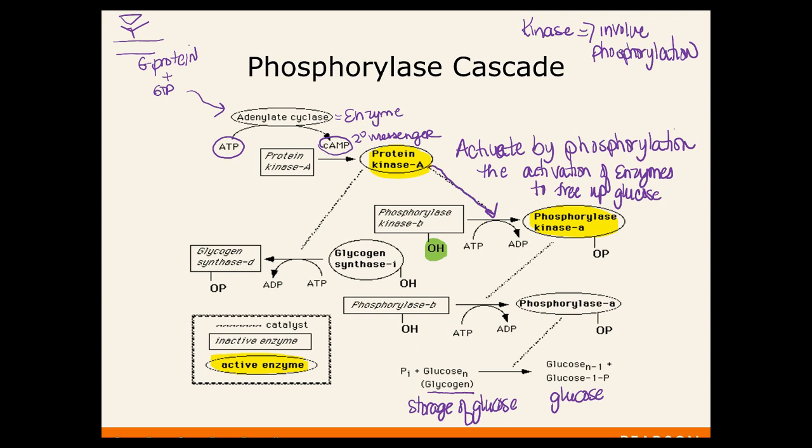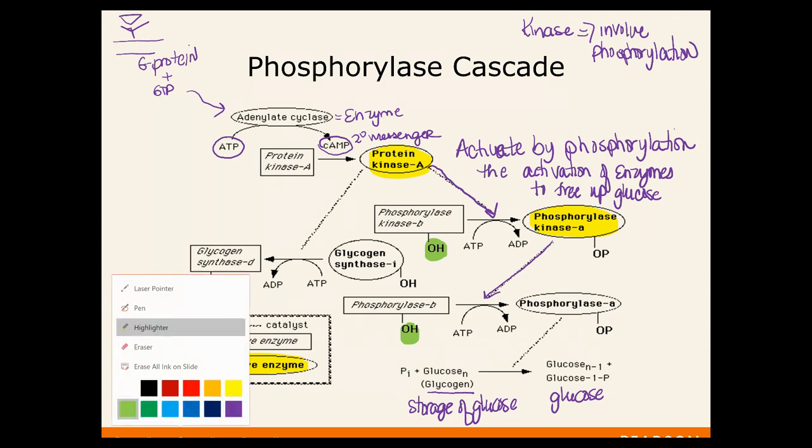Okay, now phosphorylase kinase A is active. It's going to be the enzyme to take phosphorylase B, again showing this OH, right? Notice on the other side it's phosphorylated.